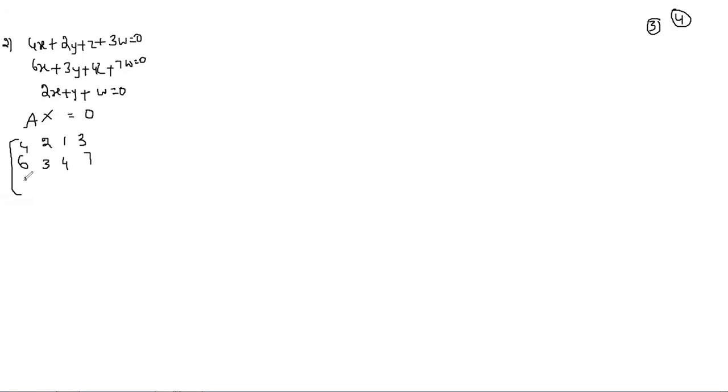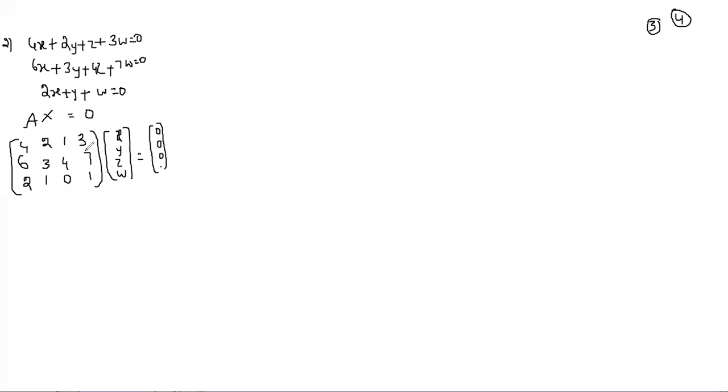Coming to the third equation, the x coefficient is 2, the y coefficient is 1. Is there any z coefficient? No, so please take care of that. So 0, and the w coefficient is 1. And X is nothing but the unknowns x, y, z, w, and the null matrix is 0, 0, 0. So only 3 equations. Okay, now this is the first step.